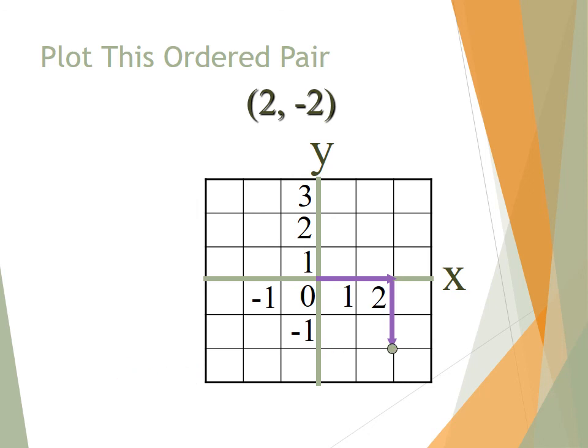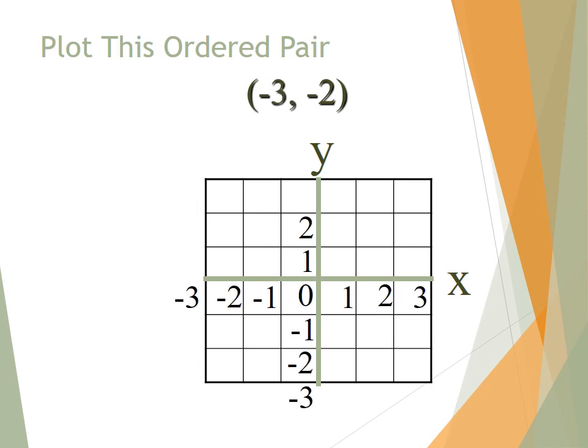So this is the position of 2, -2. Let's plot this one, -3, -2. From the origin, we'll move towards the negative direction of the x-axis because the x coordinate is negative. Again, we'll move towards the negative direction of y because the y coordinate is negative. So this is the position of -3, -2.